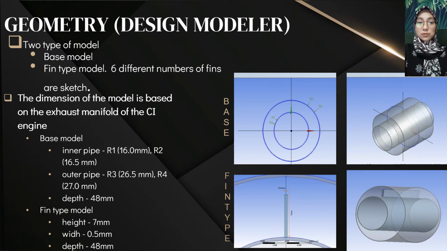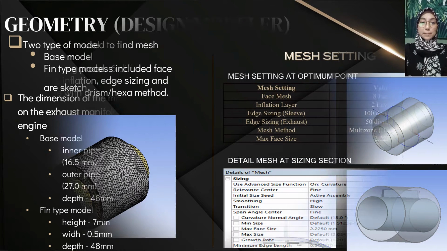The depth of the fin is the same as the sleeve, which is 48 mm. The dimension is fixed for all fin type models. To increase the number of fins, the pattern tool is used in the Design Modeler sketch. The angle for all models is set to evenly spaced.